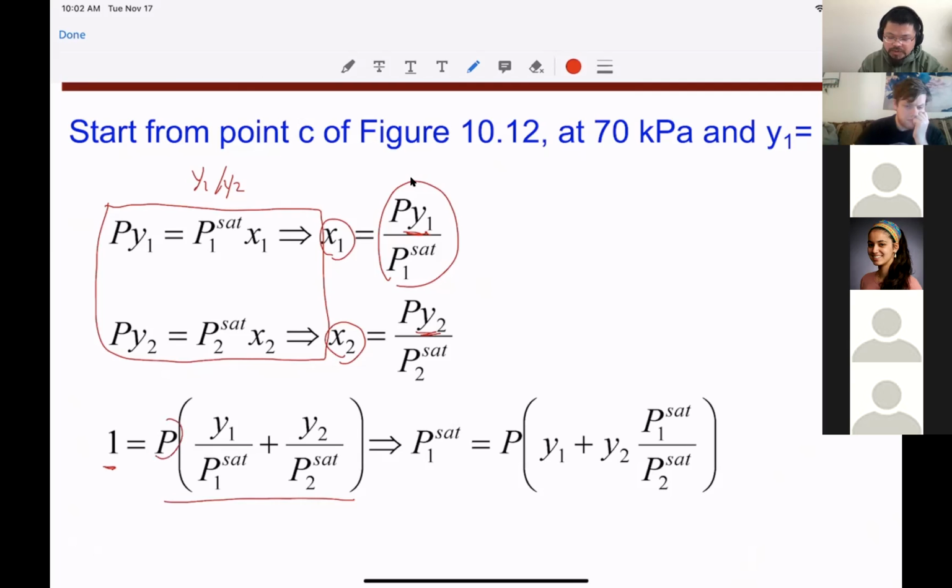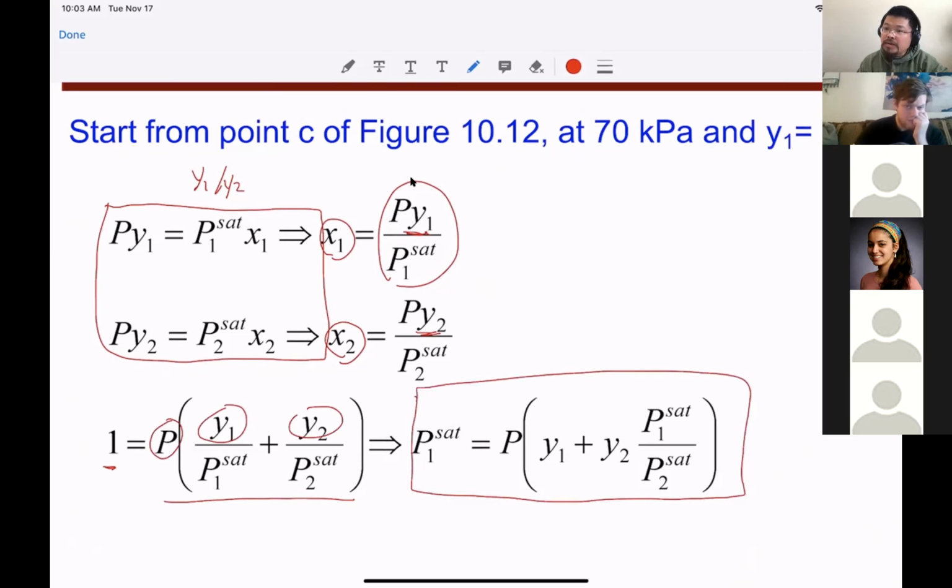So over here, I know P total, y1, y2. I still don't know the exact values of P1 set and P2 set because temperature is not known to me. So over there, let's try to run one extra step. I know this is not easy, but that is the typical trick we try to use.